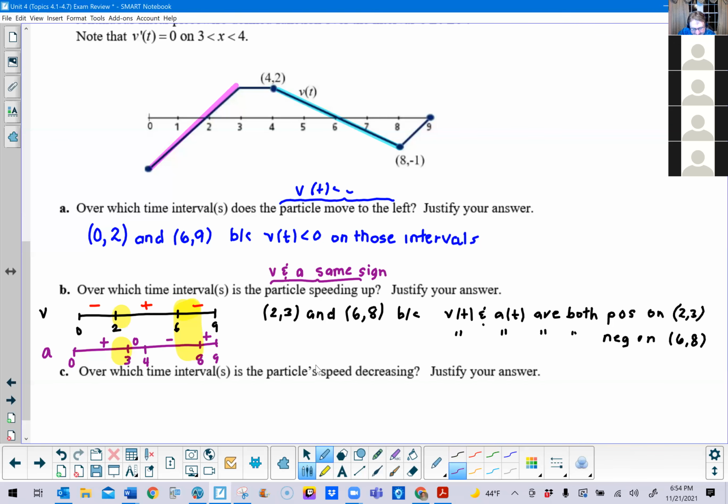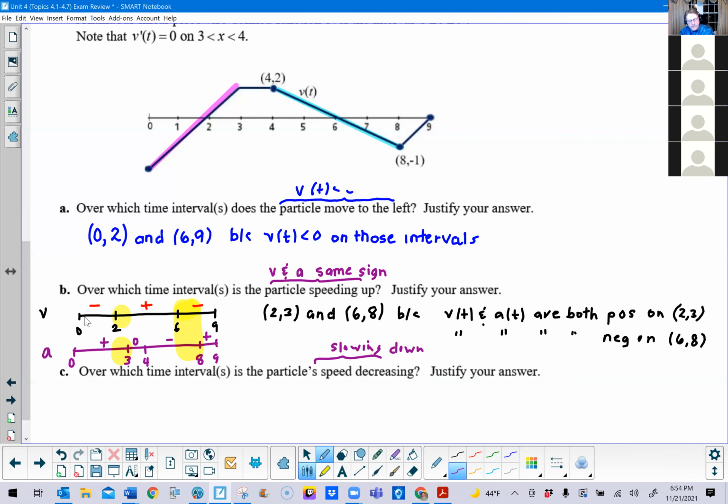It's just the antithesis of part B. And the AP exam could say either phrase: speed decreasing, speed increasing, slowing down, speeding up. So you have to really equate those as meaning the same thing.